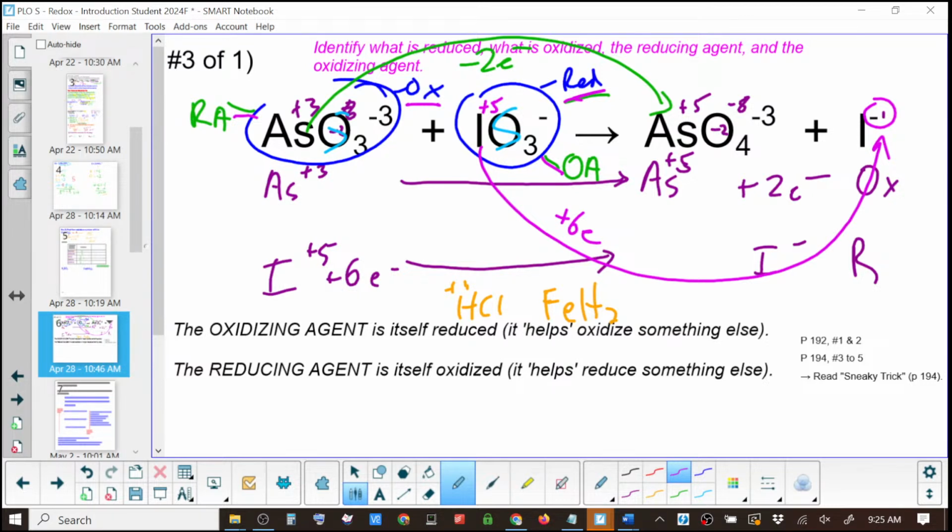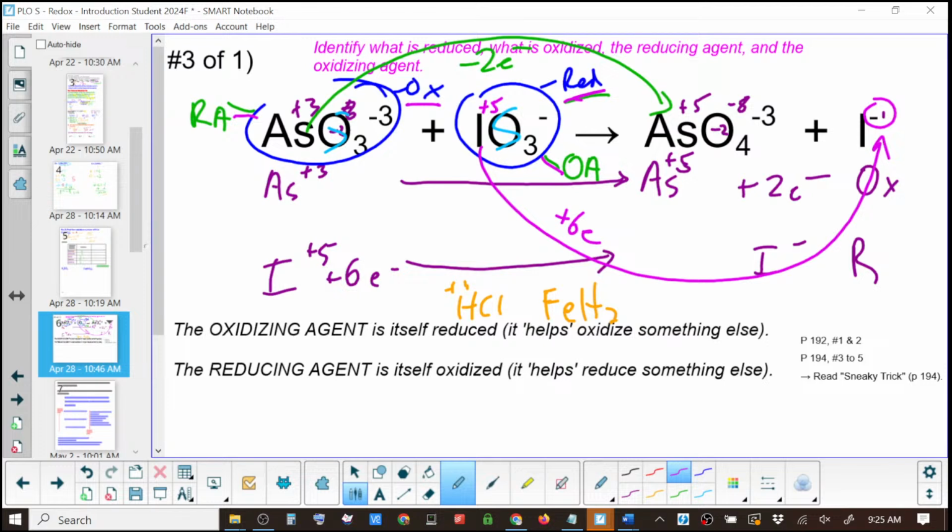I will say that one of the questions is weird, the last one. What about when, say there was a plus sign, like AsO3 3- plus IO3-? Do you add that charge to that?